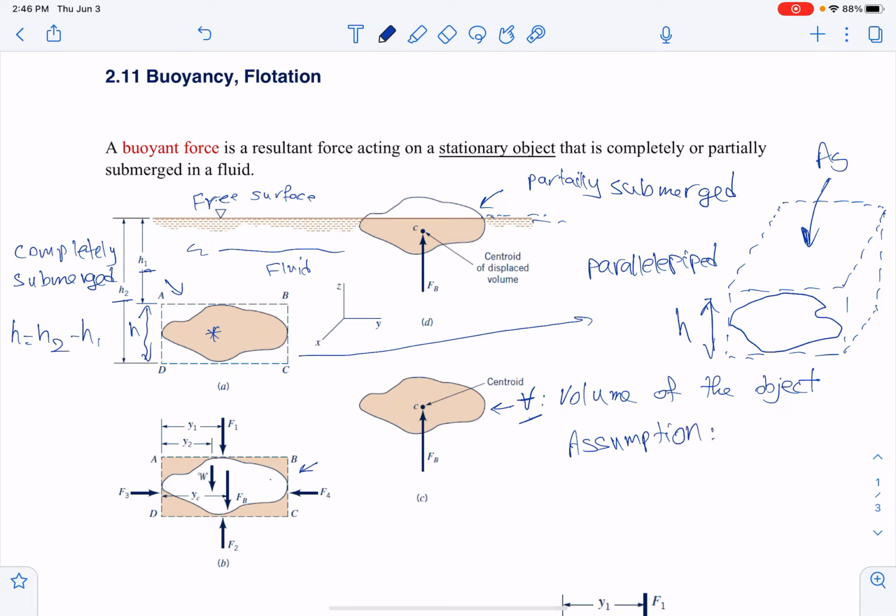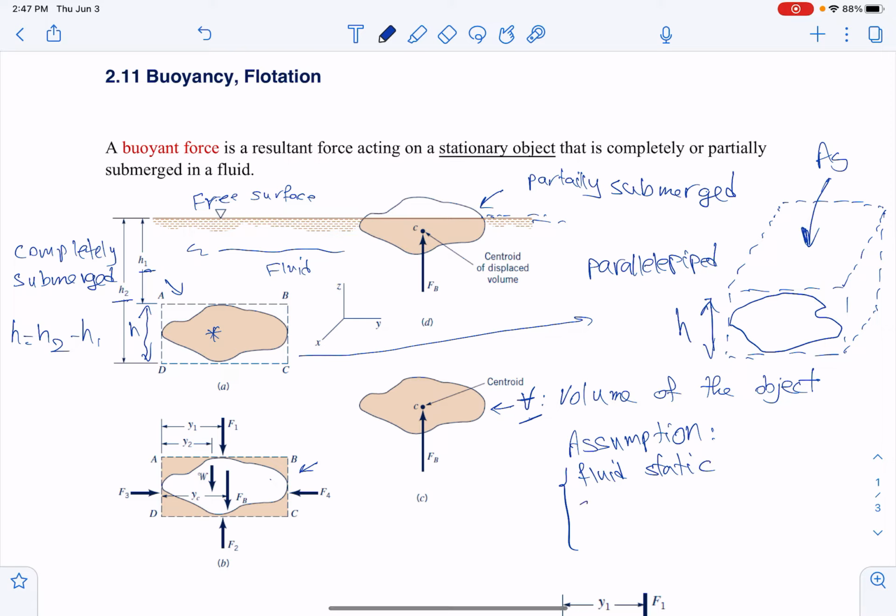We already know that we are in fluid statics.